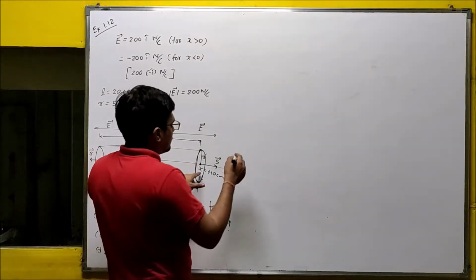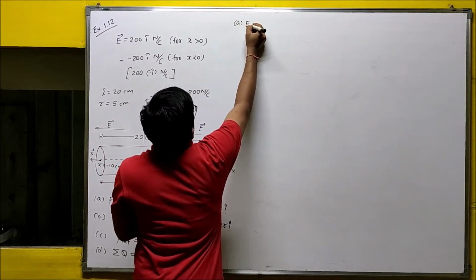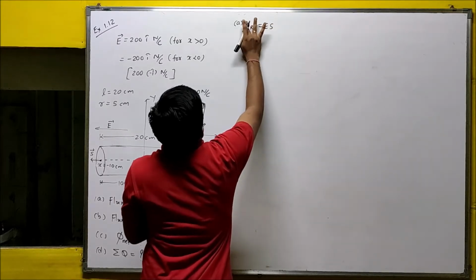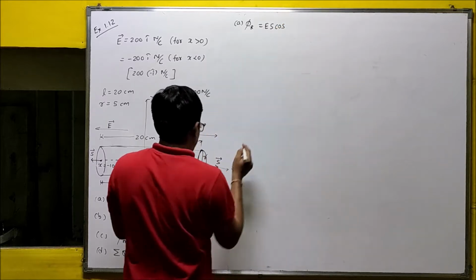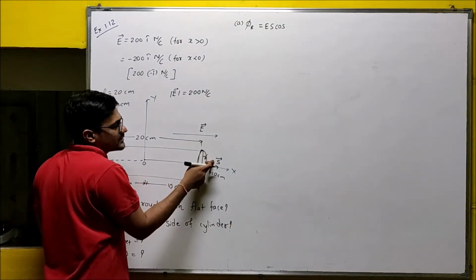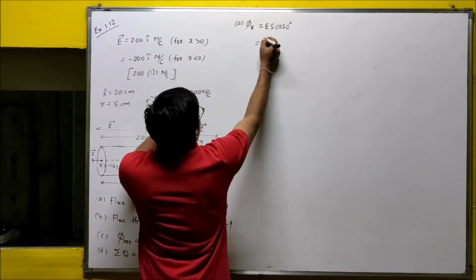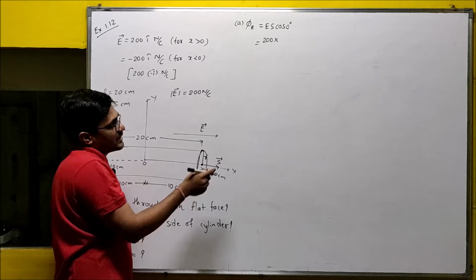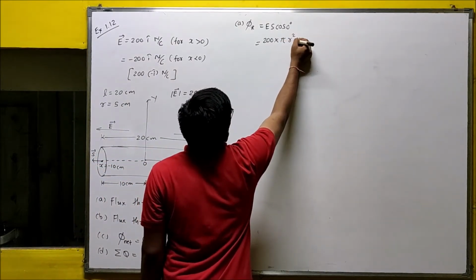First, calculate the flux associated with the right face, which is equal to ES cos theta. E and S are both in the same direction, so the angle is 0. Electric field intensity is 200. The surface is a circle, so the surface area is pi r square, and cos 0 is 1.